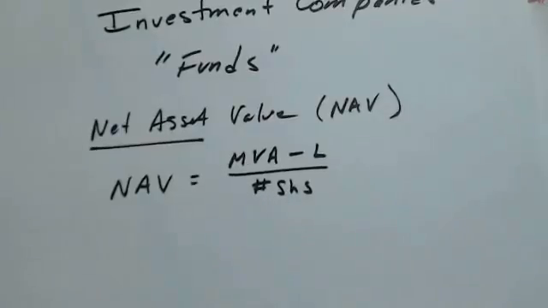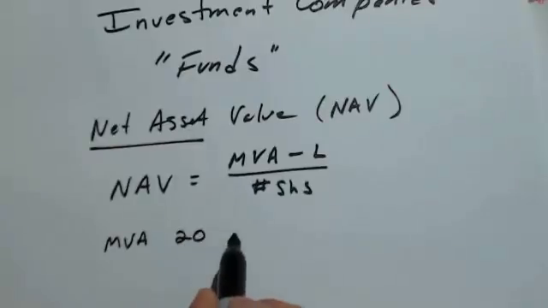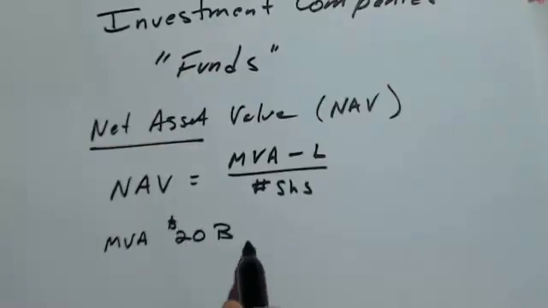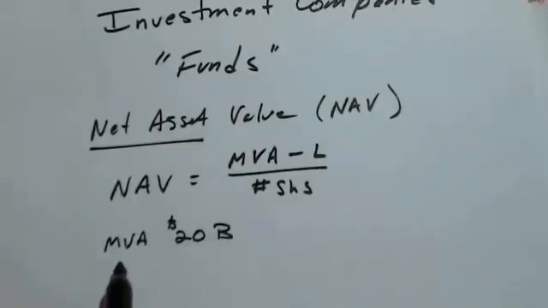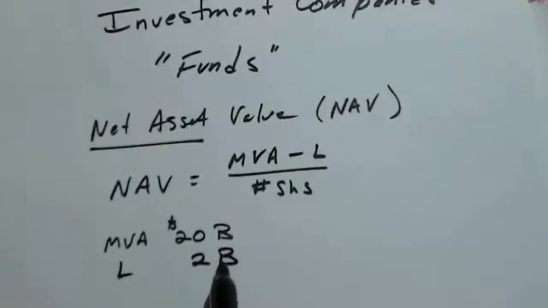That is the NAV. So if I gave you an example, say the fund had $20 billion under management in a portfolio of stocks and bonds and receivables and cash, and you had liabilities of, say, $2 billion.